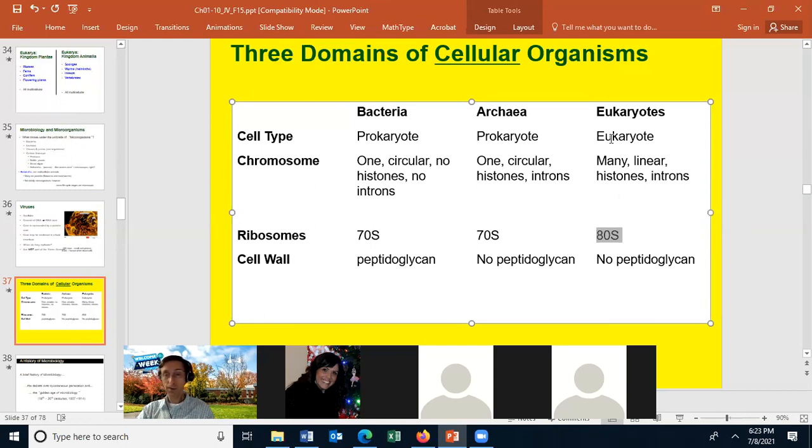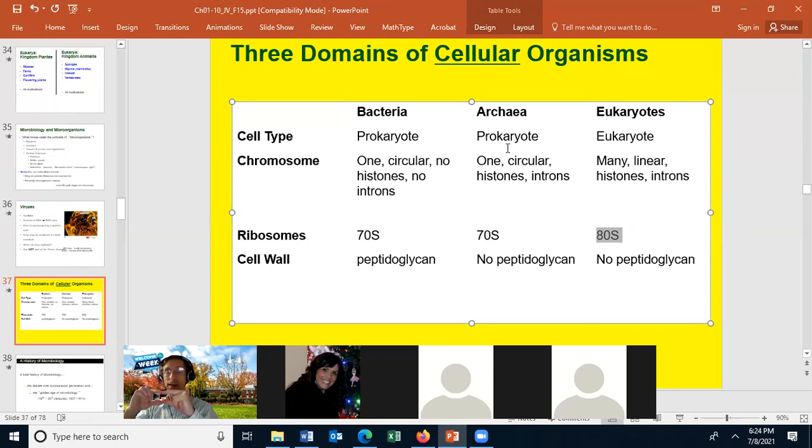So the eukaryote is a bigger ribosome and it sediments lower down in the gradient, and we call that the 80S sedimentation unit.